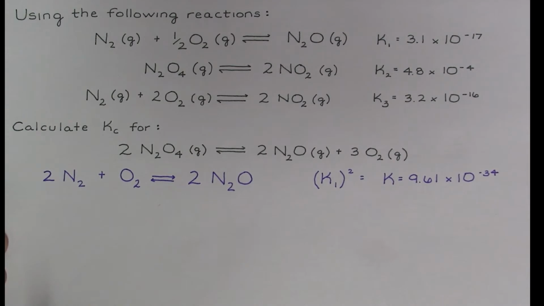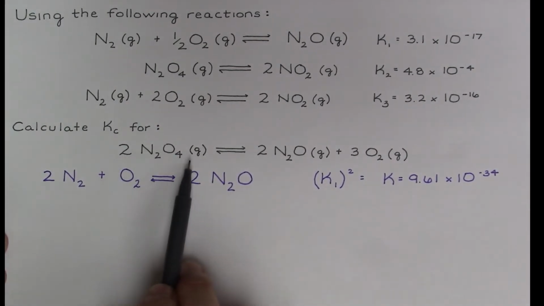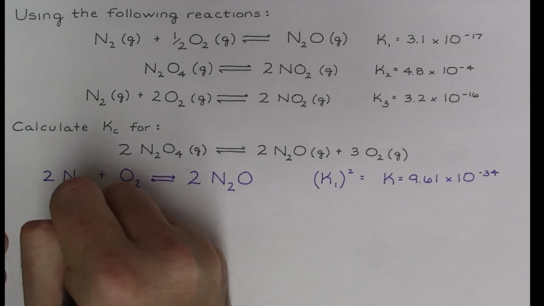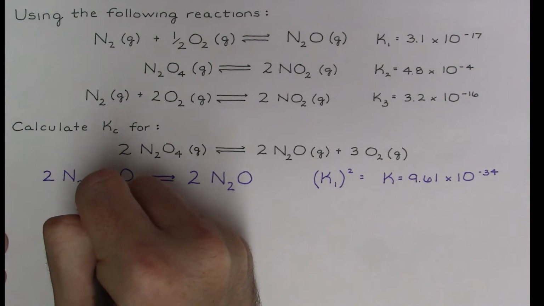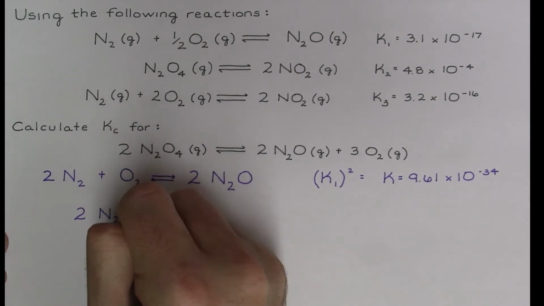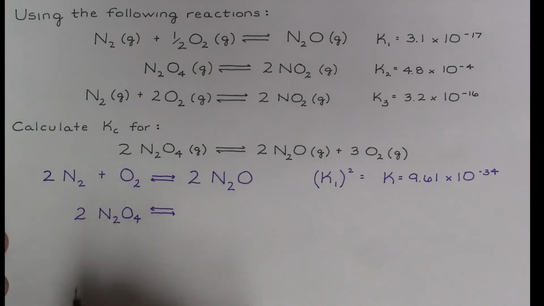So now we need to look at our second equation. Notice that I have only one N2O4 and I need two of them. So therefore, we are going to do a similar mechanism as we did to our first reaction, and that is multiply it by 2. So we will get 2 N2O4s going to 4 NO2s.